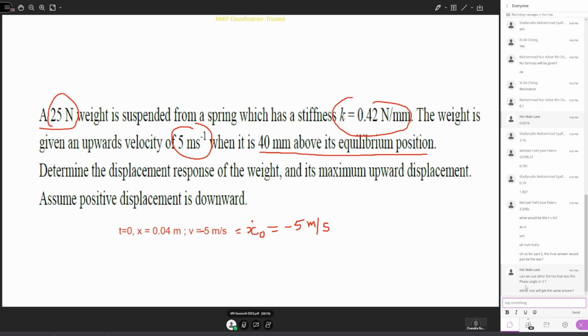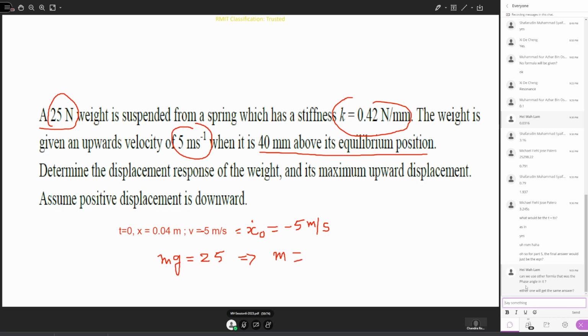So what is given? The weight is given as 25 newtons. Mg is 25 newtons, so from this you can calculate the mass of the system.